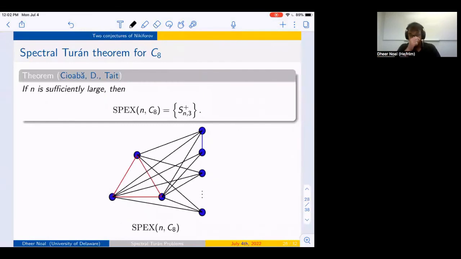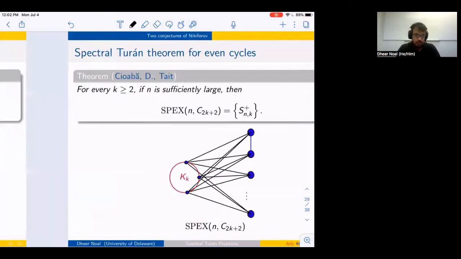So we started off trying to analyze the C8 case, and we ended up showing that the spectral extremal graph for this is S_{n,3}^+. So this is the even cycle problem again. We'll come to the Erdős–Sós problem later on. So for the C8 case, we showed that this conjecture is true.